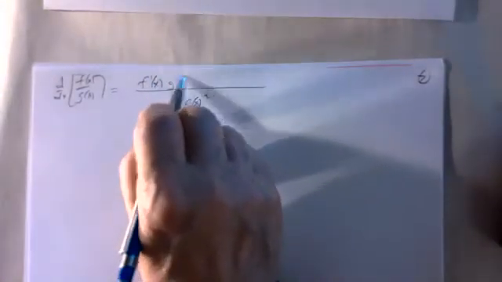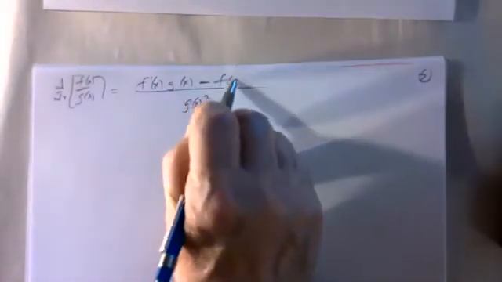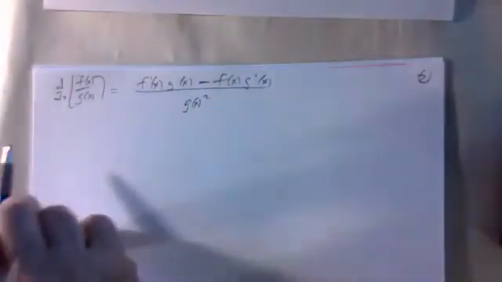So let me just write the quotient rule here so it's on the same page. The derivative of the quotient is the quotient with g of x squared in the denominator: the derivative of the numerator times the denominator minus the numerator times the derivative of the denominator.